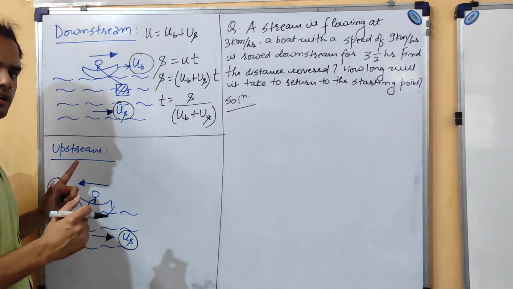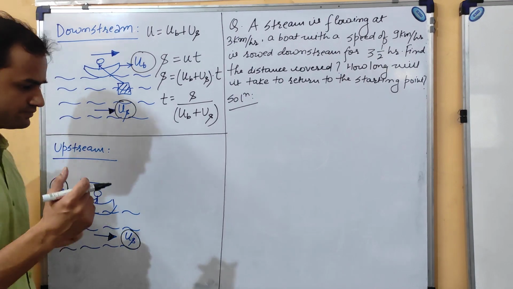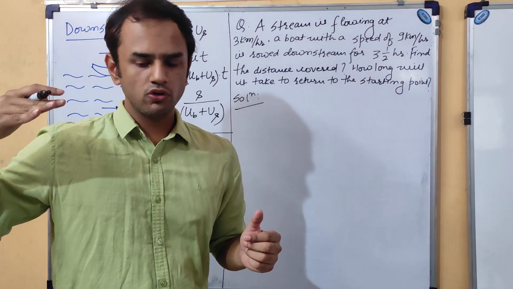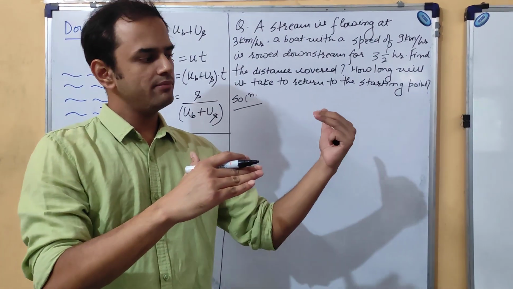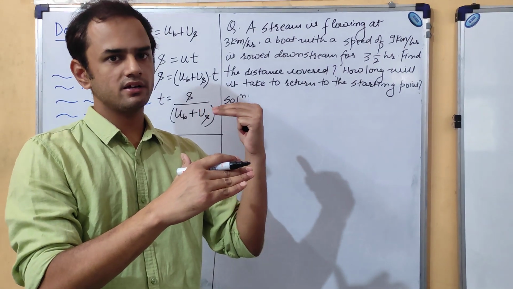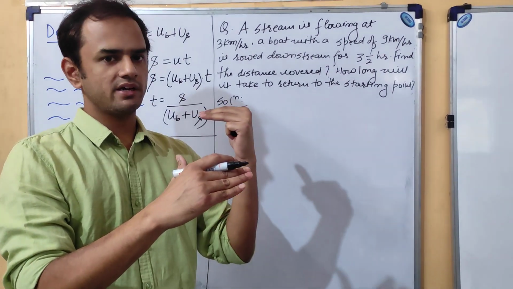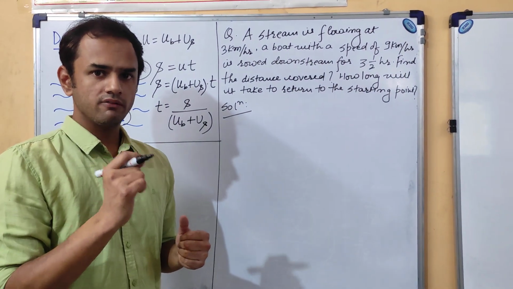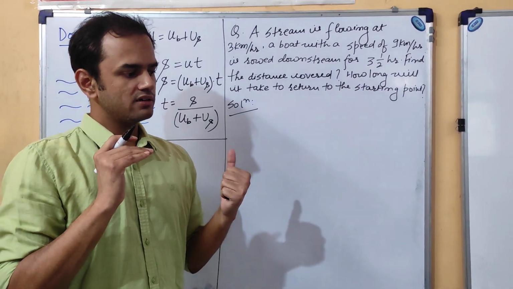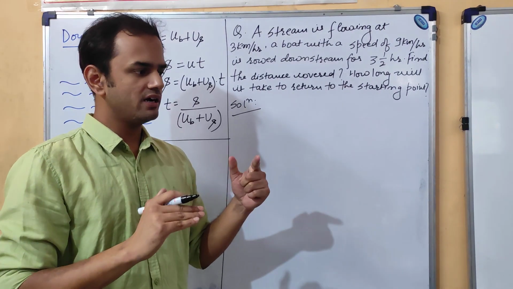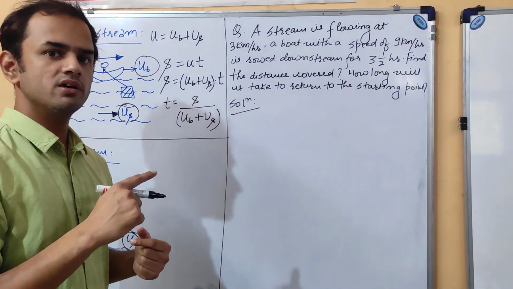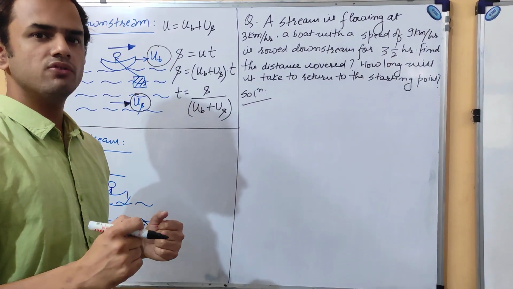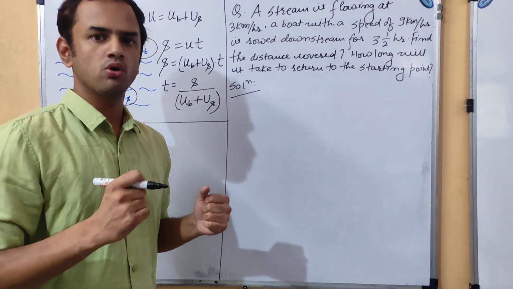Next, what happens in case of upstream? Now the river is flowing in this side and the boat is returning back, right? Or the boat is coming from that side. So what will happen? This water will create resistance for that boat, and in that situation it will be very difficult for that person to row the boat.